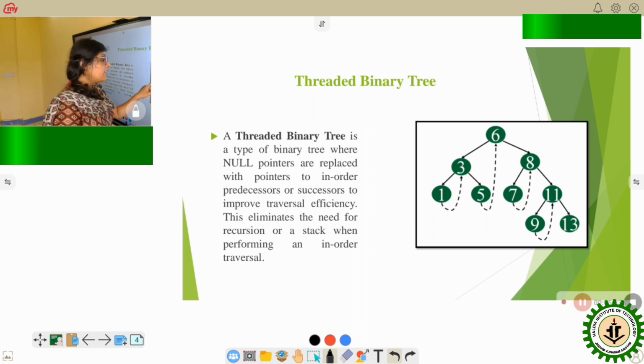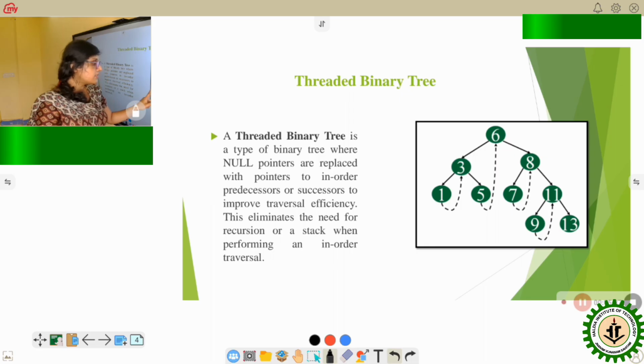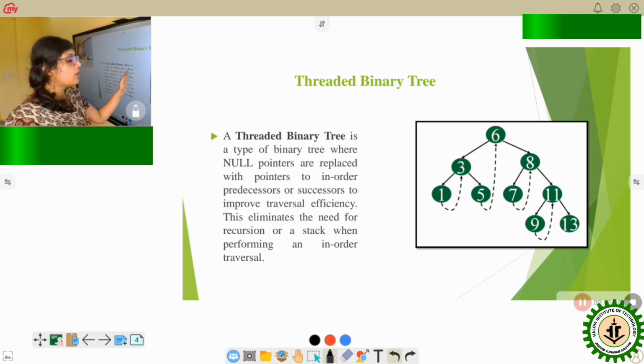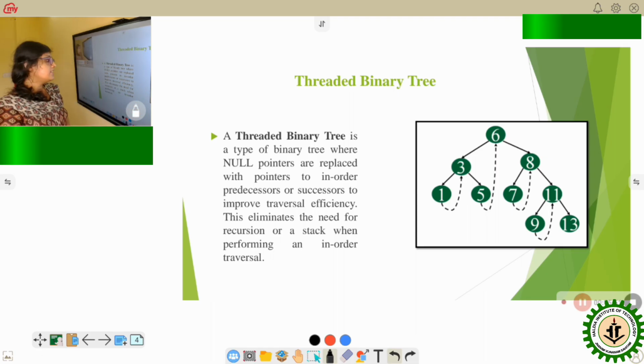So 1 is the successor of 3 and 3 is the predecessor of 1. So 1 is connected to its predecessor in the form of a thread. The child nodes are connected to the parent nodes in the form of a thread. This is actually a threaded binary tree.